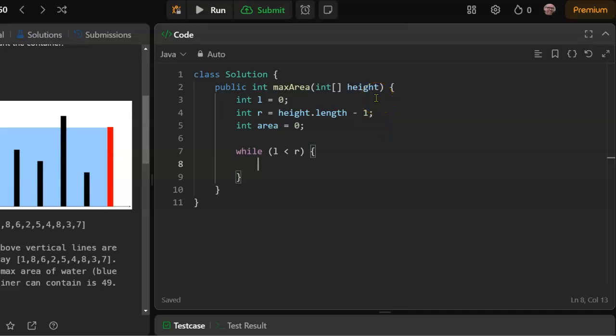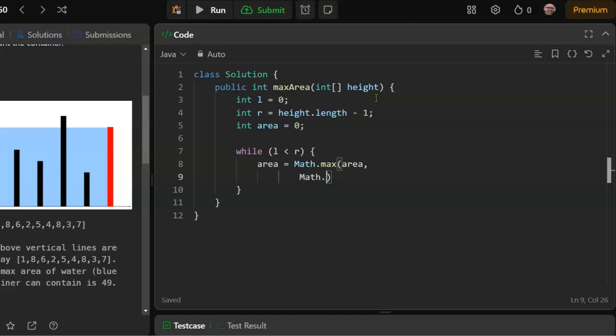All right, area. There's a couple ways to do this. We could do it with an if statement. We can compute the area and then say if it's bigger than the biggest area that we've seen, then put it in the area variable, or we could do it all at once like this, math.max of area. This is going to be kind of long. And we've got to compute the area.